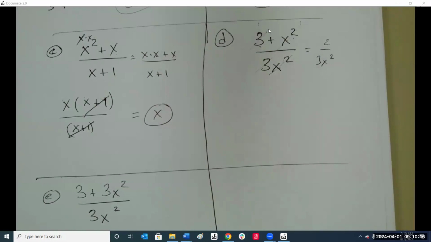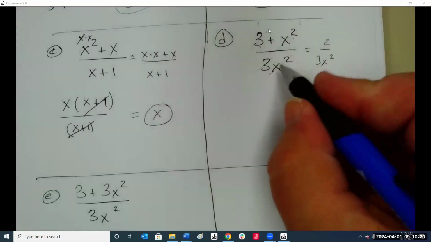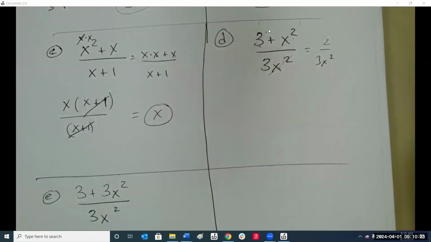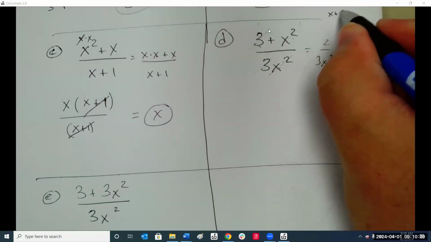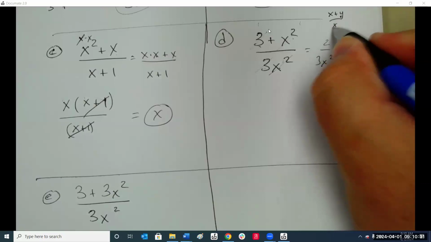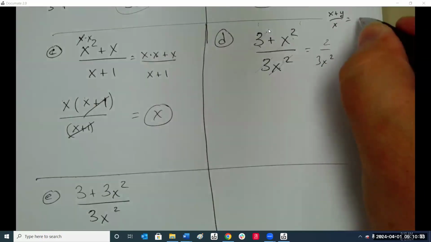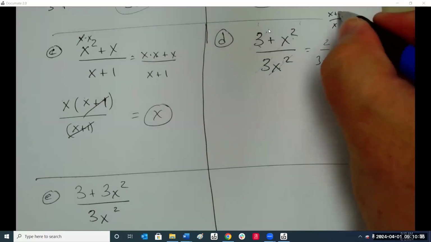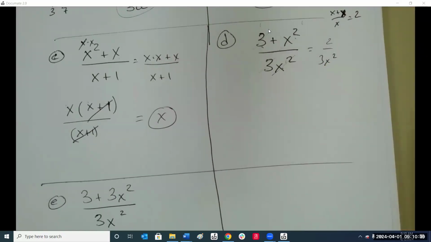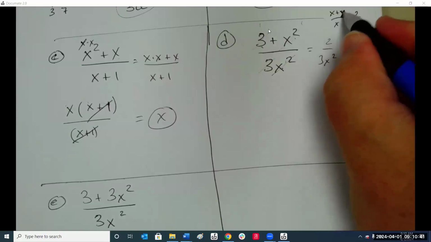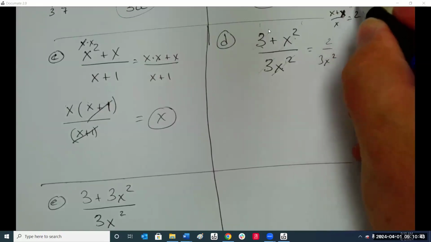How do we test if fractions are correct? Well, you multiply the bottom to that. If we remember, if we had x plus x over x equals 2, x plus x is 2x over x equals 2.